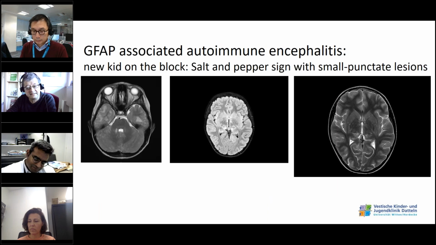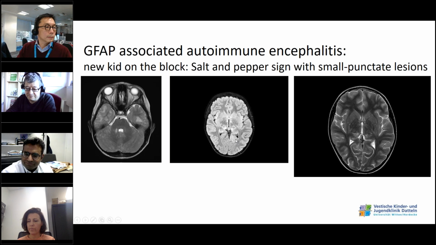Another feature often seen in the pons or basal ganglia is what we call the salt and pepper sign, with small punctate lesions, here in a child on day 1 already, on the FLAIR image and the T2 signal.